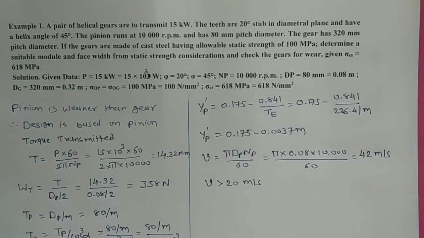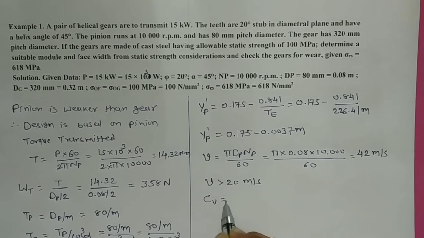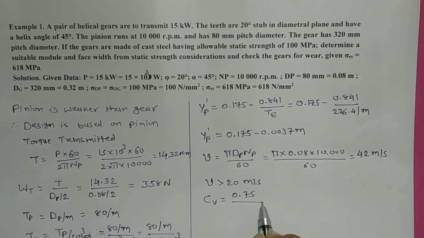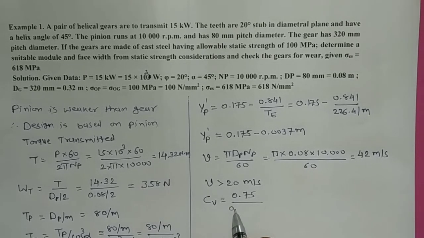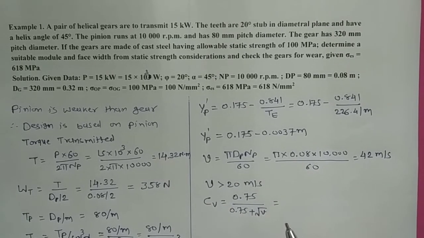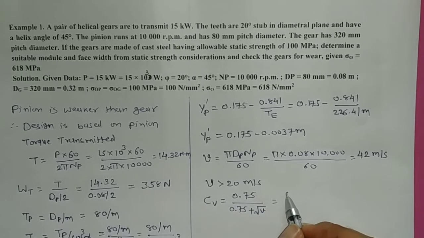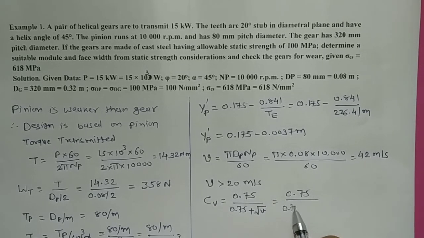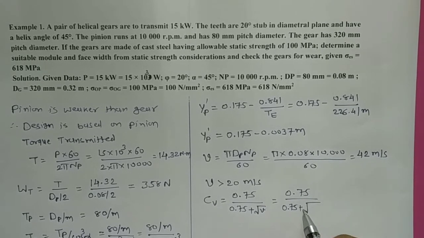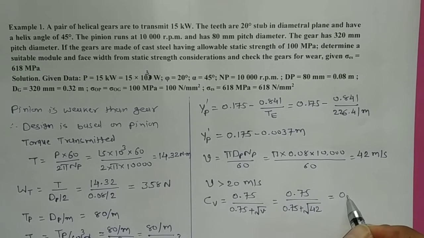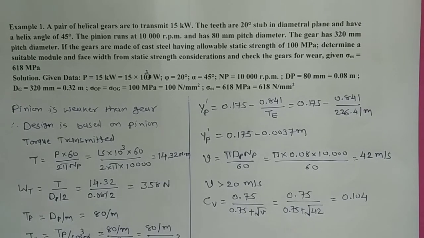So therefore we can say velocity factor CV is given by the equation 0.75 divided by 0.75 plus root V. Now put the value of V in this equation: 0.75 divided by 0.75 plus root 42. So you will get CV is equal to 0.104.